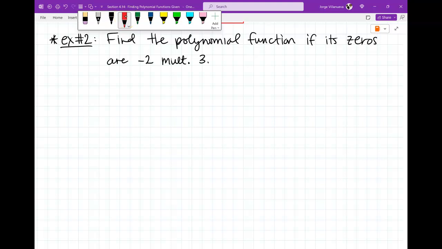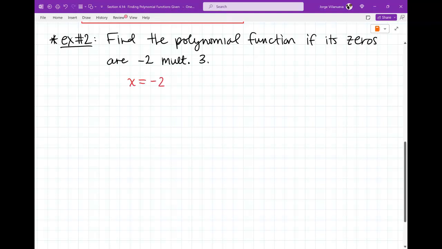That's what multiplicity means. So it's going to be x is -2, x is -2, x is -2. So my factors are going to look like this. y equal to x plus 2, x plus 2, x plus 2.